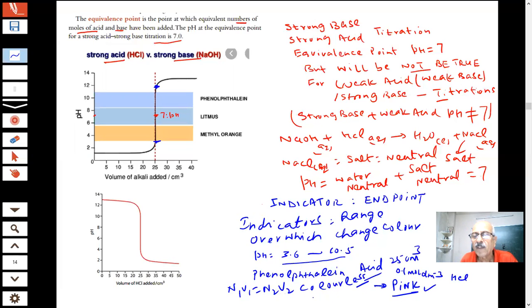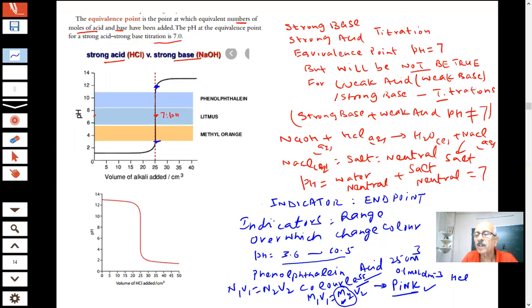Or I may say for NaOH or HCl, M1V1 is equal to M2V2. Molarity of HCl, volume of HCl, molarity of NaOH, and volume of NaOH. From this, we can find the concentration of the sodium hydroxide if it is unknown to me. Okay? Got it? Any doubt?